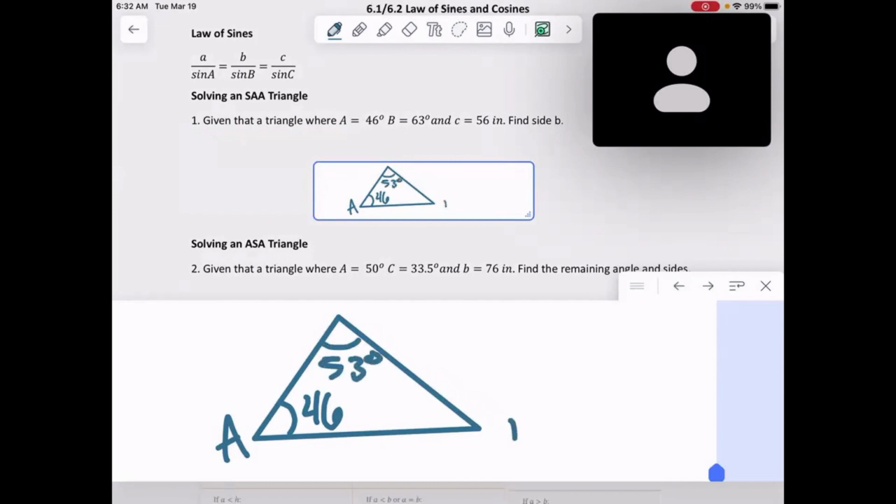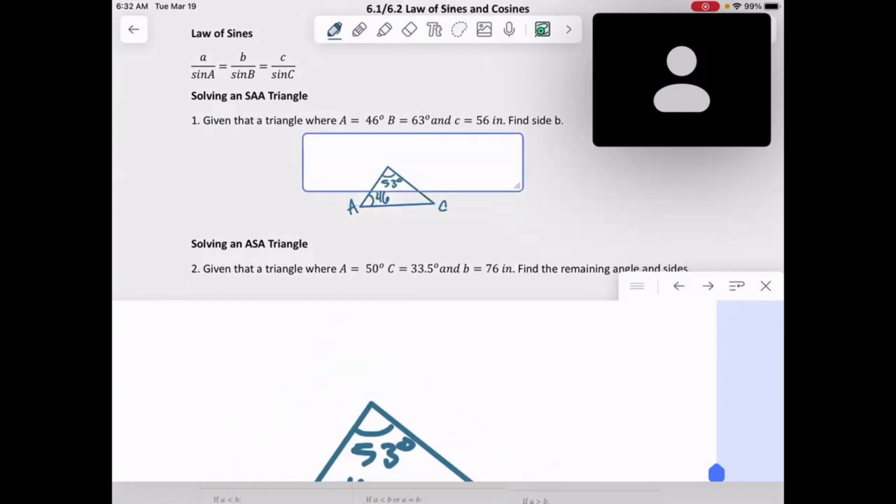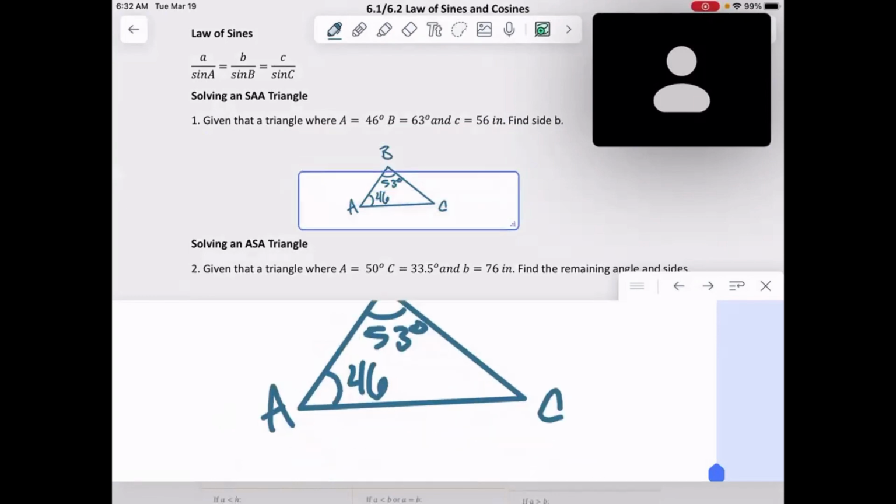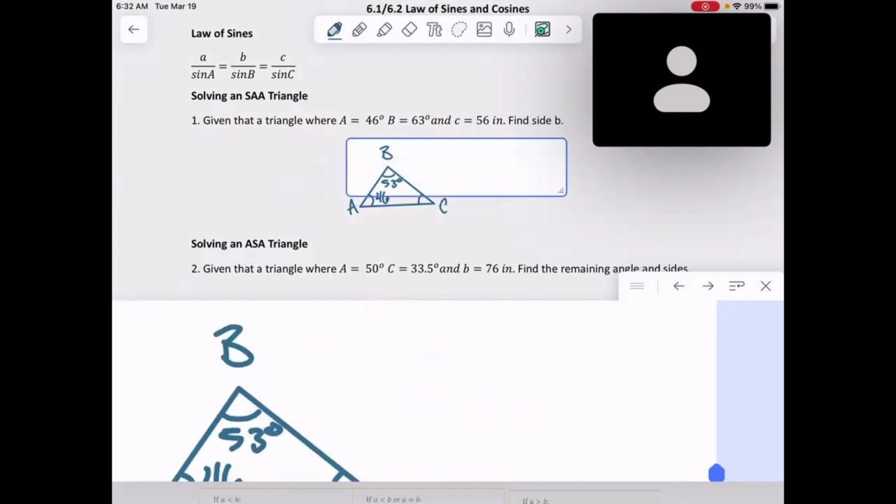And then it gives us C. Or sorry, it doesn't give us C. It gives us side C, which is 56 inches. So this would be my angle C. So my side C is 56 inches.